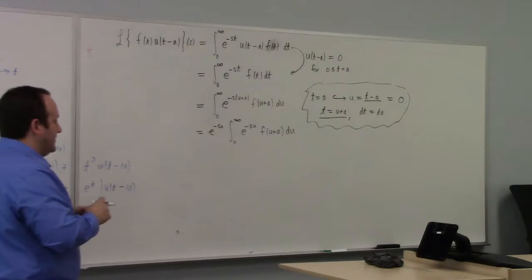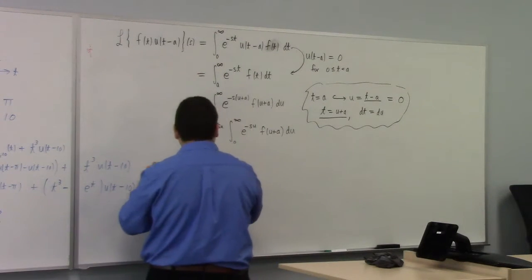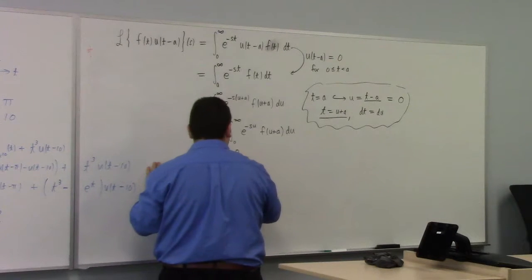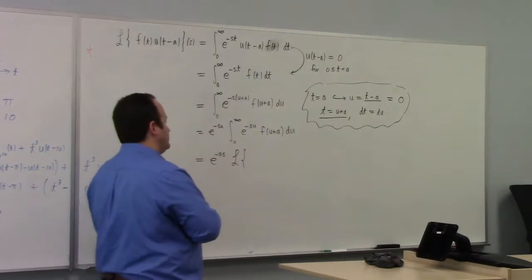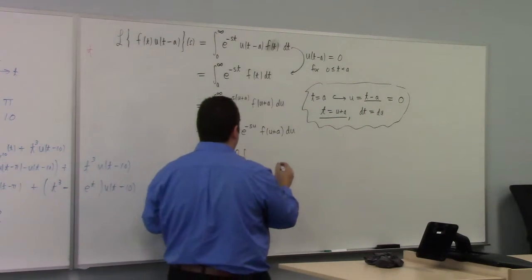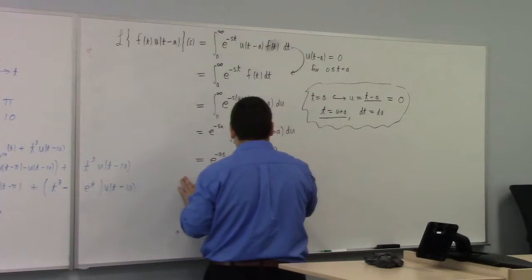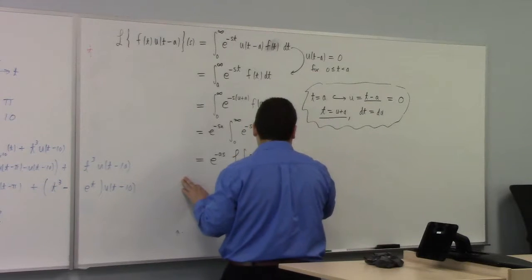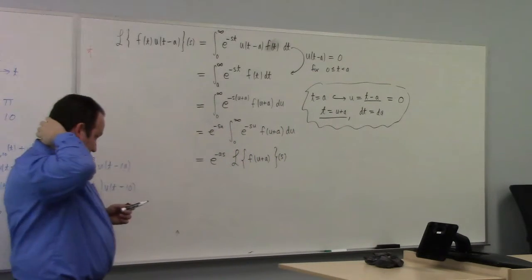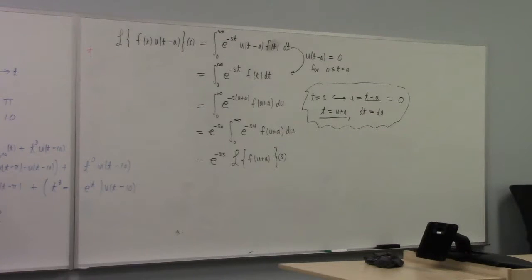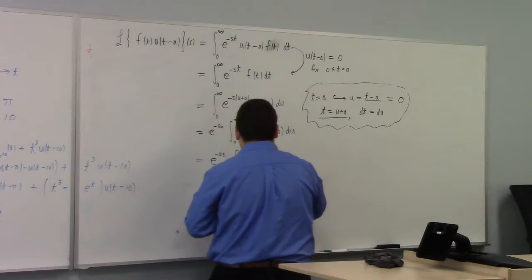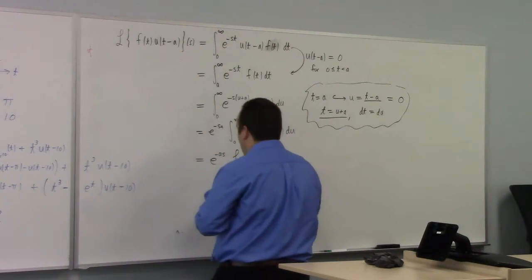And then what I'm left with is the Laplace transform of something. It's the Laplace transform not of f, but of f of u plus a, at s. But it's weird to write it that way. Instead of writing a u, we usually write a t there, because it's just a dummy variable of integration. So we can put a t here. And there you go.